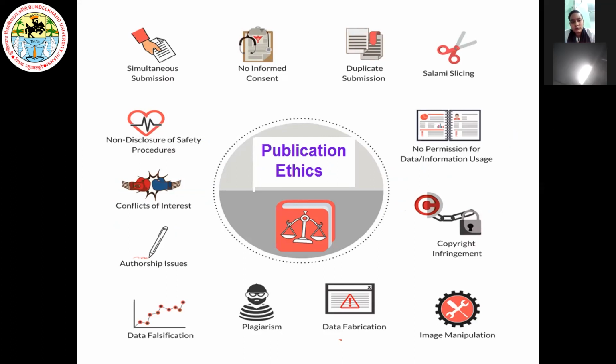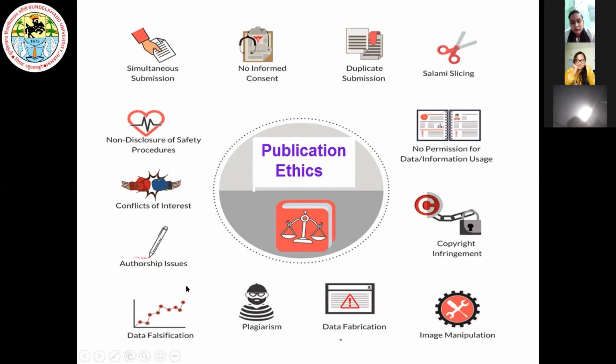Then data fabrication, image manipulation, copyright infringement, no permission for data information use, then multiple publication coming out of what you call salami slicing, then duplicate submission, no informed consent, then simultaneous submission to two journals, non-disclosure of safety procedures, conflict of interest, authorship issues, data falsification.